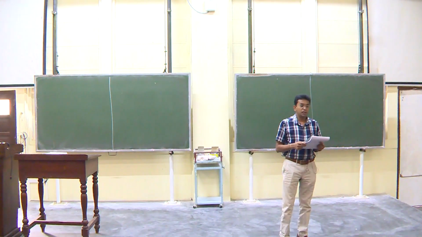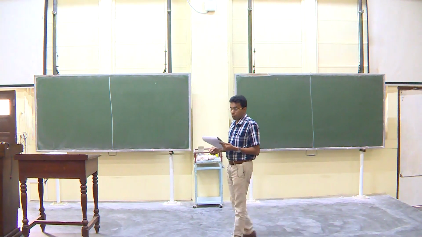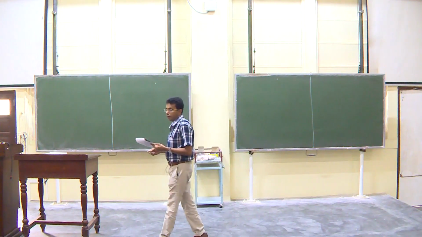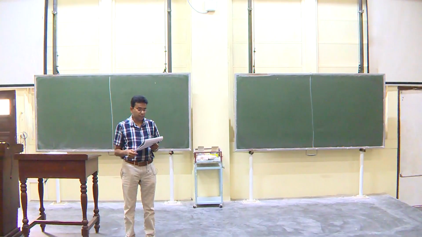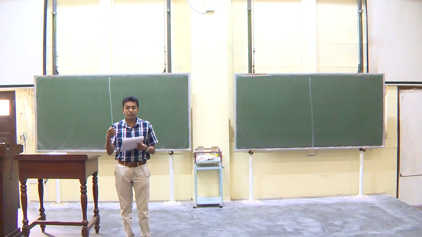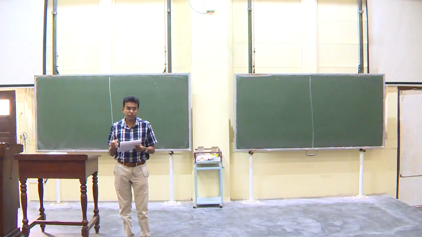Last week, before the break, we started looking at different models for electronic devices, for nonlinear devices. Mainly, we started with diodes and we looked at different levels of complexity.